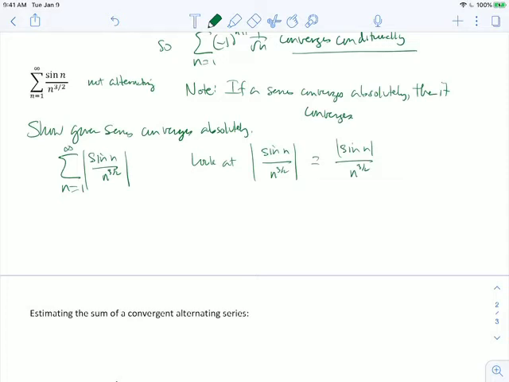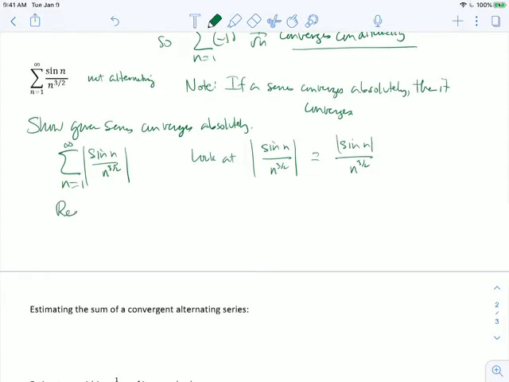And one thing that I remember about the sine function is that no matter what I put into it, it always takes on values between -1 and 1, which means that its absolute value is always less than or equal to 1. So let's make a note of that.